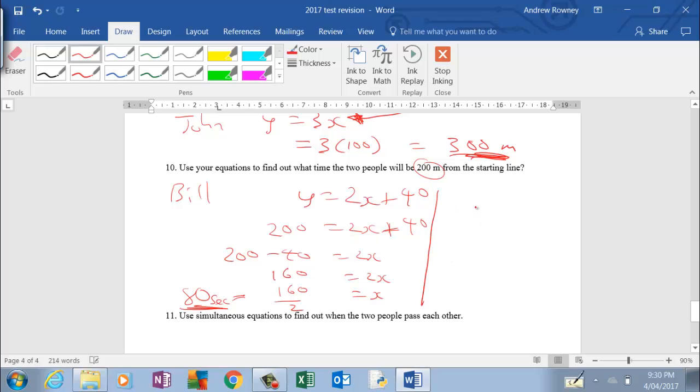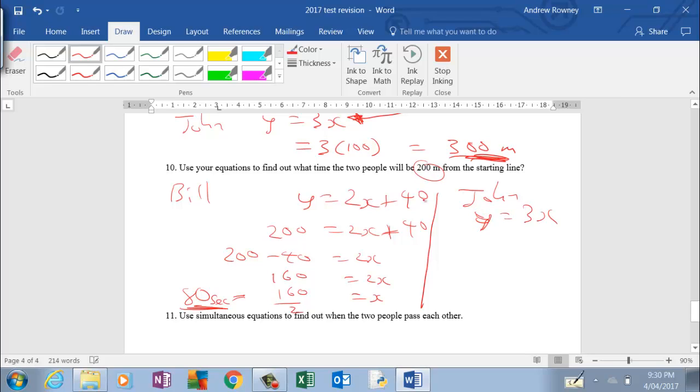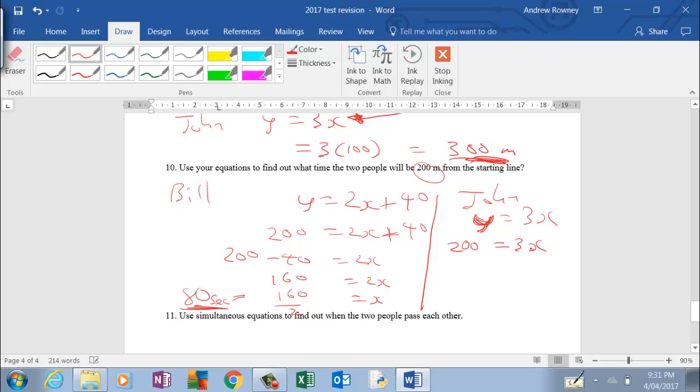Whereas John, he is y equals 3x, and we want him to be 200 metres. We put 200 metres where y is, and we solve for x. Now that's times 3. To get 3 on the other side, we divide by 3.